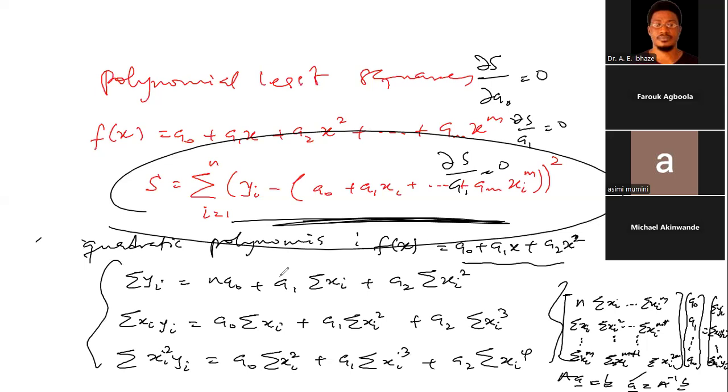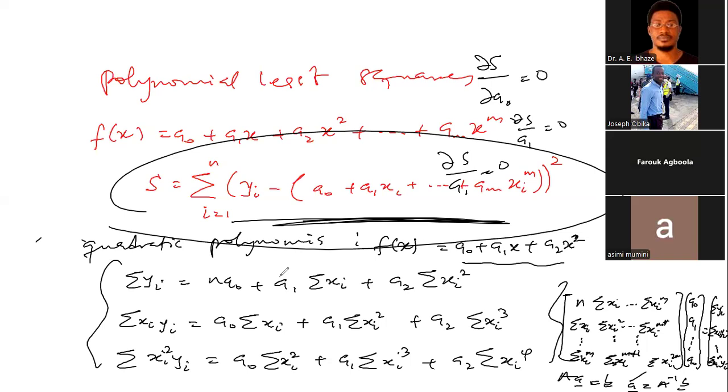When we are talking about n, we are talking about the number of terms. What did we evaluate n as for the linear? Two. Exactly. So as the order goes up, the n value will increase. Okay, I think we can move on now.